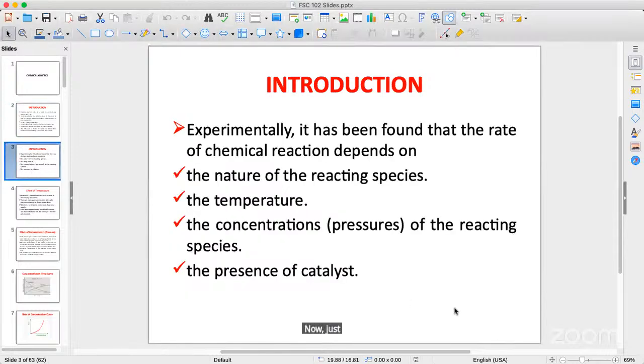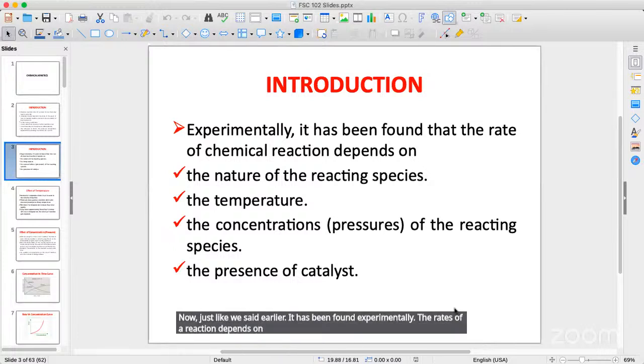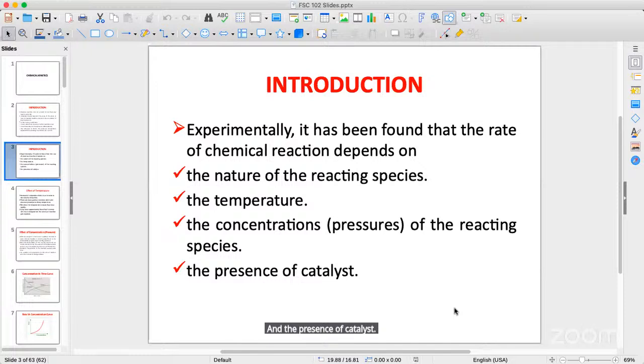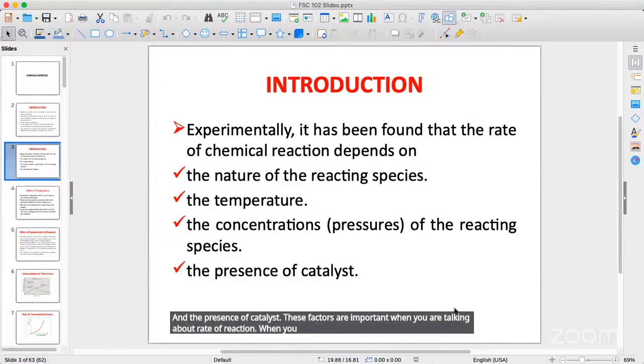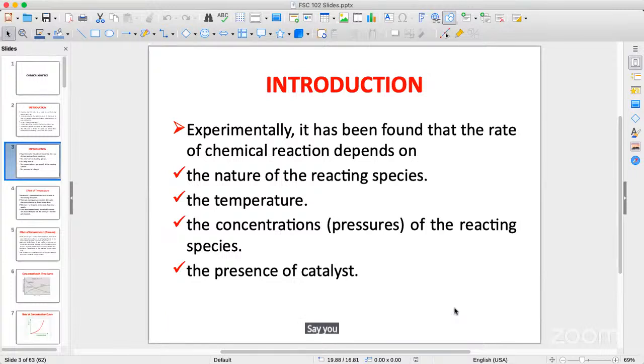Now, just like we said earlier, it has been found experimentally that the rate of a reaction depends on the nature of the reacting species, temperature, concentration or pressure. You talk about pressure when you're dealing with gases, and the presence of catalysts. These factors are important when you're talking about rate of reaction. When you change any of these, say you change temperature, you expect the rate of reaction to change.